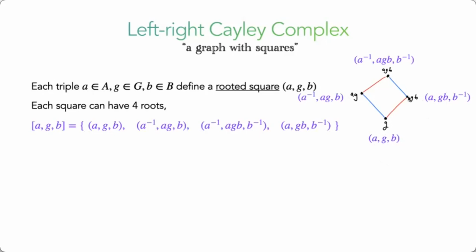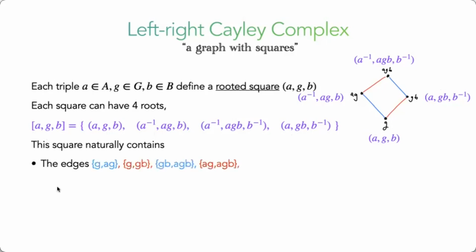Then from GB, you move to A times GB, or to GB times B inverse. That would correspond to this triple. So we define an unrooted square to be the equivalence class of all these 4 things. The 4 rooted squares together make up this equivalence class. So that's our formal definition of a square.